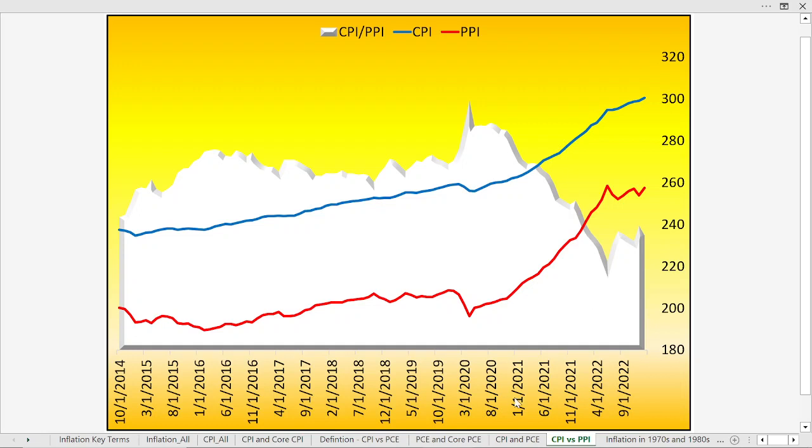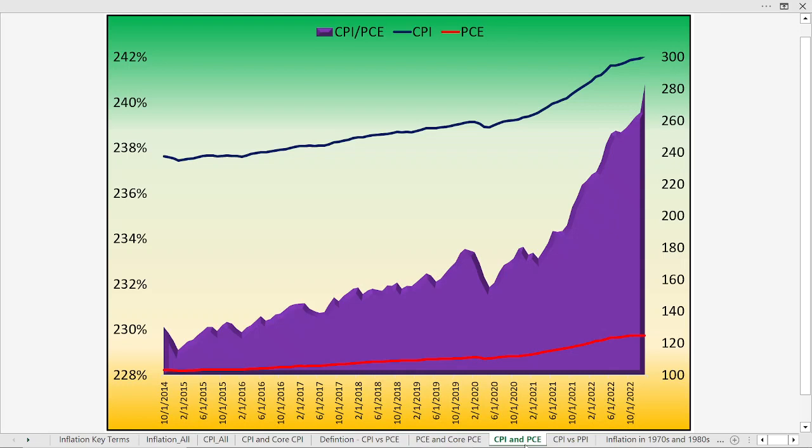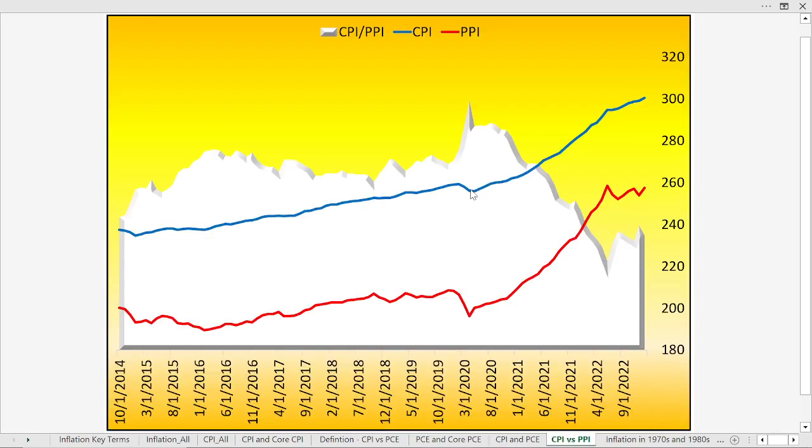Now, very interesting. Compare the difference between the CPI versus PPI and the CPI versus PCE. Specifically, in the CPI versus PCE, Consumer Price Index versus Personal Consumption Expenditure, the purple area chart fired up higher. In the second chart here, the white area chart, which shows the difference between the Consumer Price Index and Producer Price Index, actually went down.